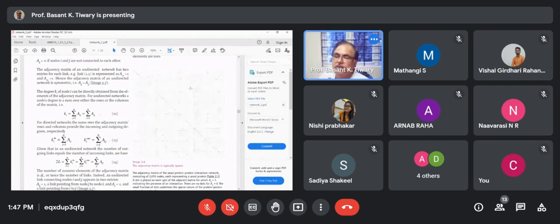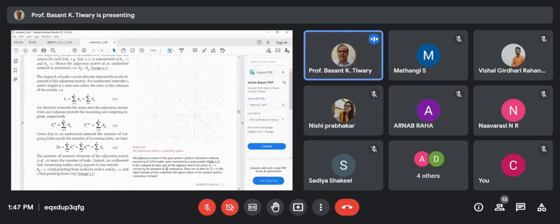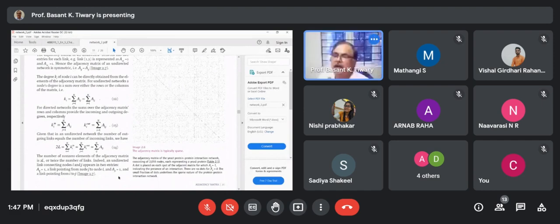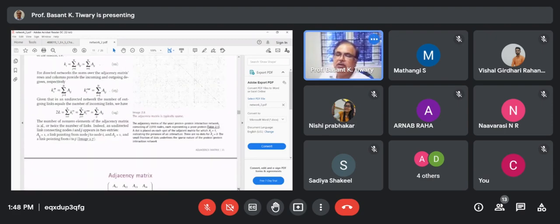So they have created an adjacency matrix of the yeast protein-protein interaction network consisting of 2018 nodes, each representing a yeast protein, and a dot is placed at each spot of the adjacency matrix for which Aij is 1, indicating presence of an interaction. And there are no dots for Aij 0. A small fraction of dots underlies the sparse nature of the protein-protein interaction network. So you can see here the adjacency matrix and the interaction network.